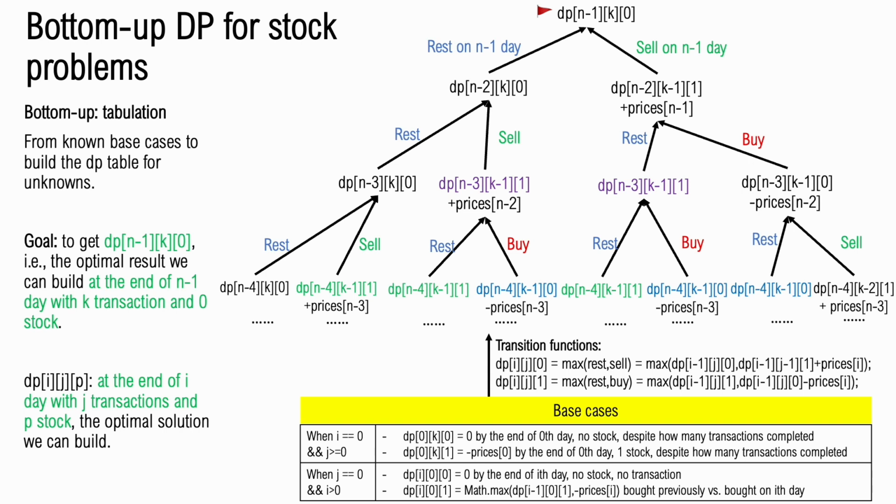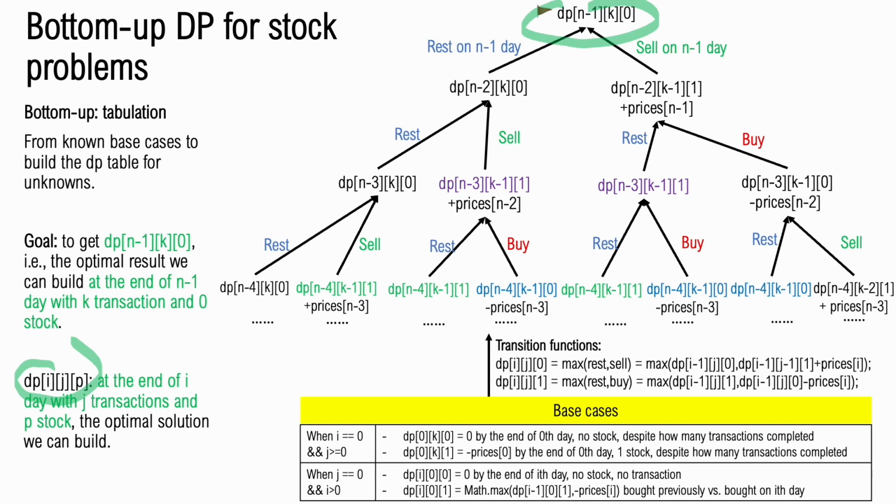And in the bottom-up approach, our ultimate goal is to get dp n-1 k 0, which is the optimal result we can build at the end of the last day with k transactions and 0 stock. And when we use the parameters to track where we are when we build the dynamic programming table or memo, dp i j p means the optimal solution at the end of i day with j transactions and p stock in our account.